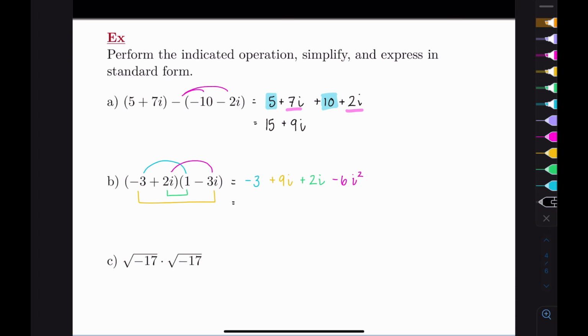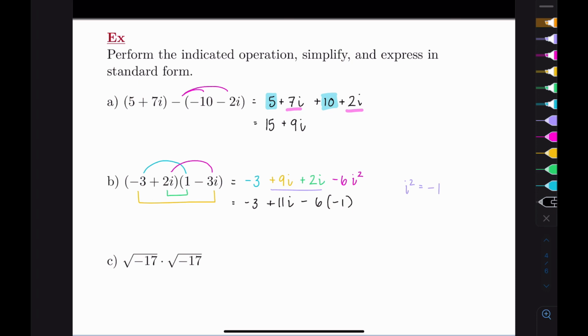From here, we can do a little bit of condensing. So that's -3. The 9i plus 2i we can condense to 11i. Then I want this to be a complex number in standard form, and i squared is nowhere in a complex number. So this is where we use our definition that i squared is equal to -1.